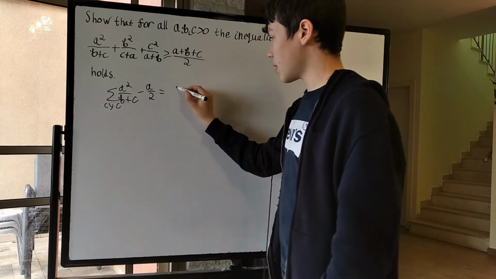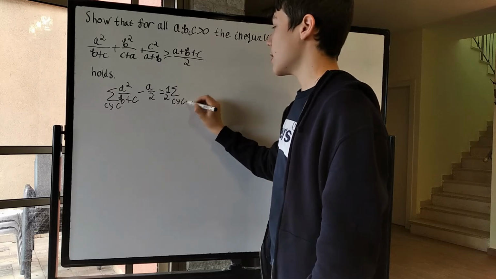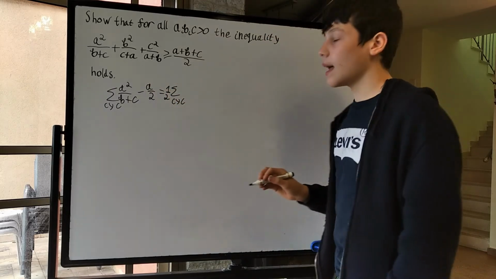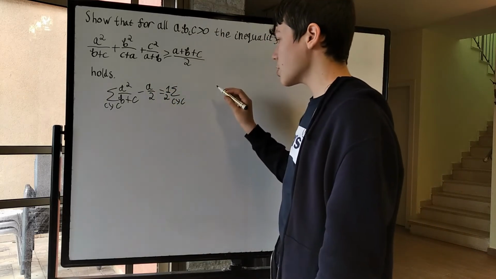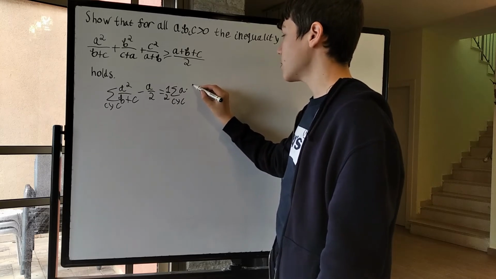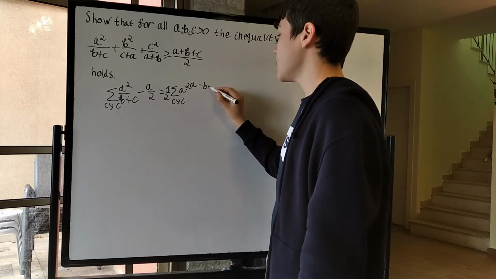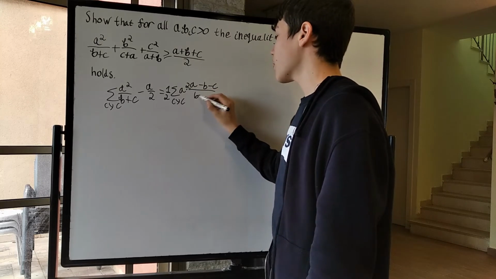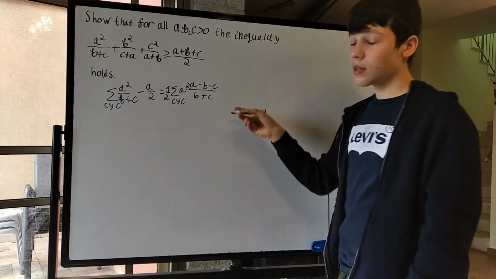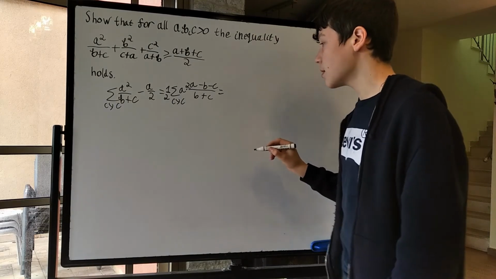And now I'm going to take this 1/2 out and add these fractions, and so I get a times (2a minus b minus c) over (b plus c). If you don't trust me, you can check it for yourself. That is what we get.